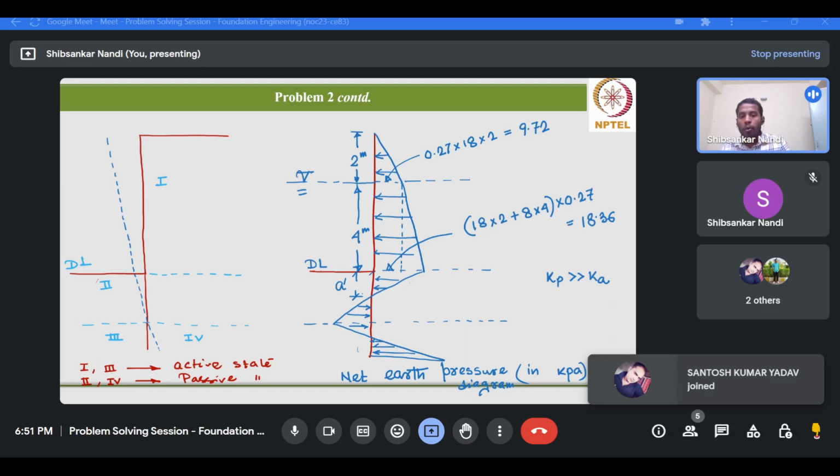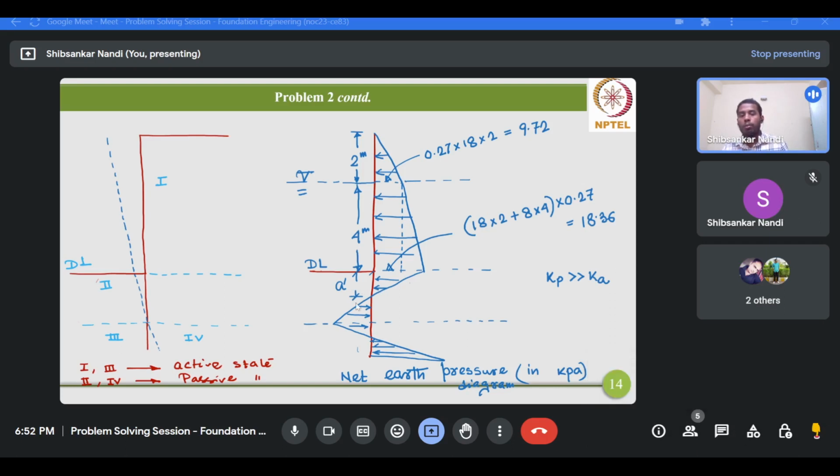Now how can we determine this A prime? First we have to consider the active earth pressure from region 1 and the passive earth pressure from region 2.